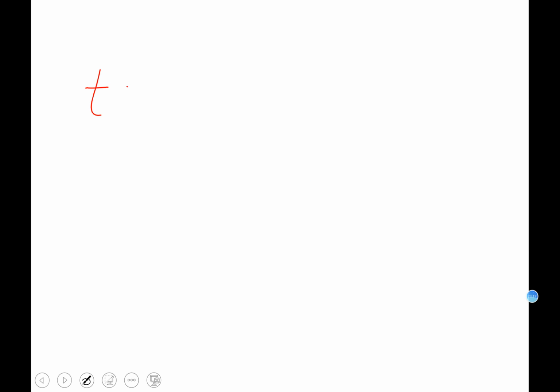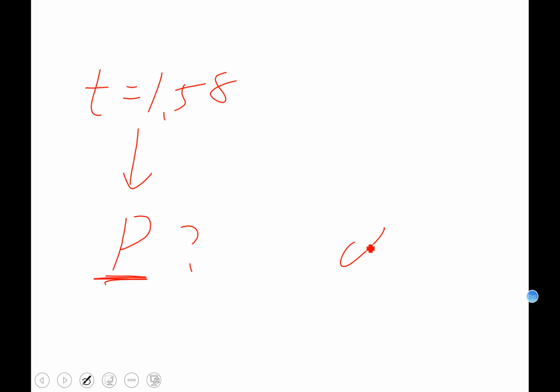Now this is the t, 1.58, which we have calculated with the data given in the question, and we want to know its corresponding probability, that is the capital P. But now P is unknown, and we want to compare this P with another number, that is alpha, and alpha is 0.05.